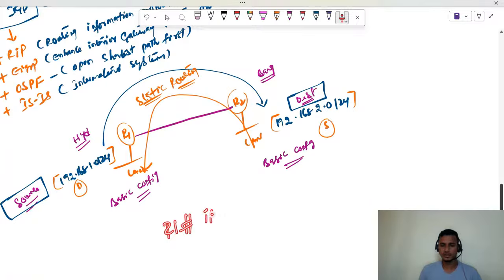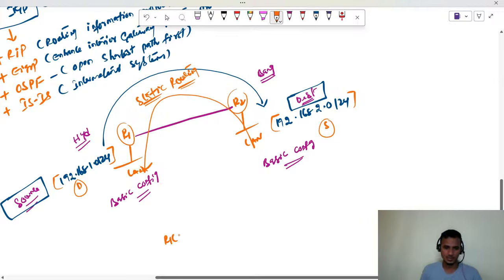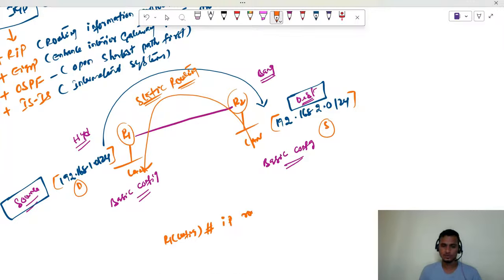Here we need to configure the IP route towards the destination network. Let me take this pen. I'm in router 1's configuration mode. The syntax is IP route, where you want to reach the destination. I'm in router 1, so this is my source, and we have to reach router 2's LAN.